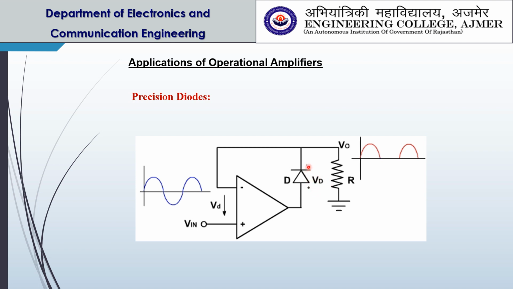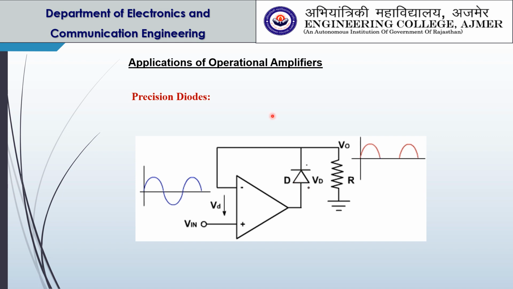When the input is greater than Vd, only then this diode will conduct. But in a precision diode, we virtually make this Vd or cut-in voltage of the diode equal to 0. So as long as the input is just greater than 0, the diode will conduct, and as soon as the input is just below 0, the diode will turn off.